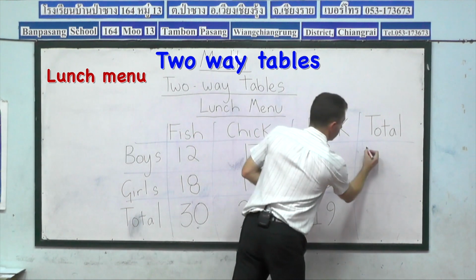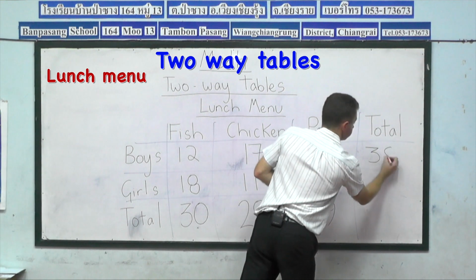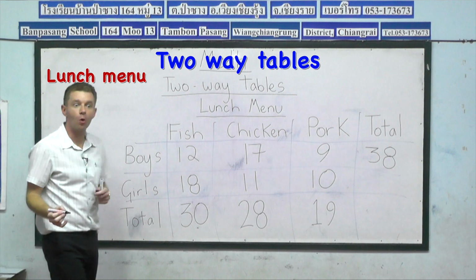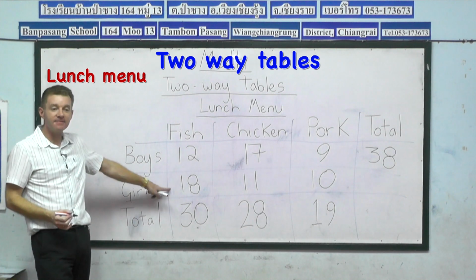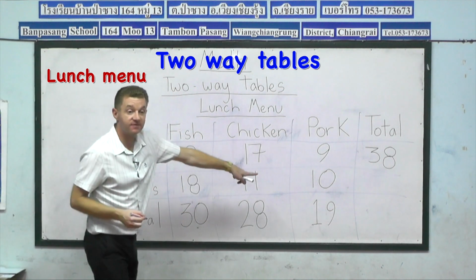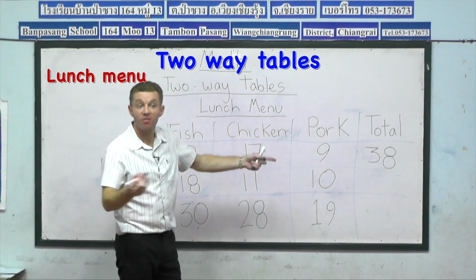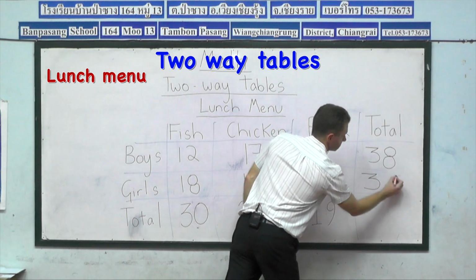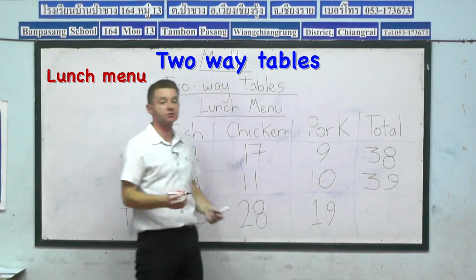So we know the total number of boys, 38. The total number of girls, 18 plus 11, 29 plus 10, 39. So 38 boys, 39 girls at school.